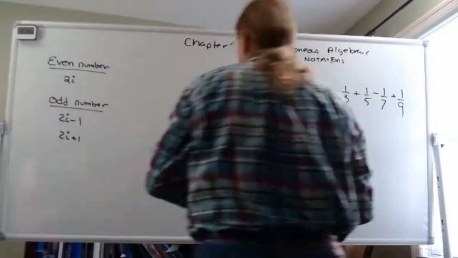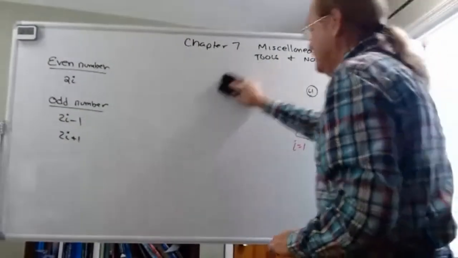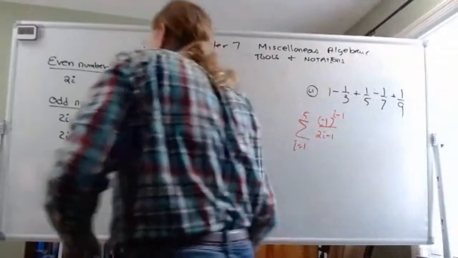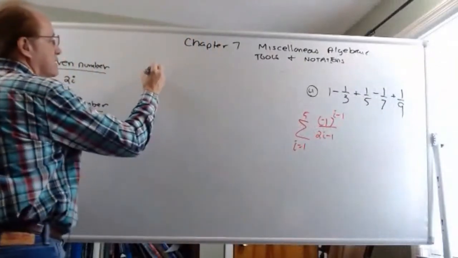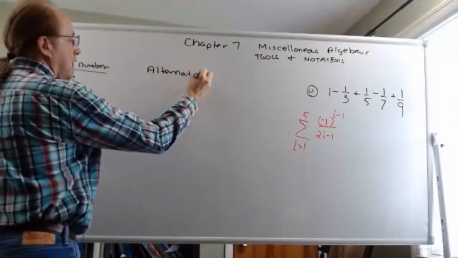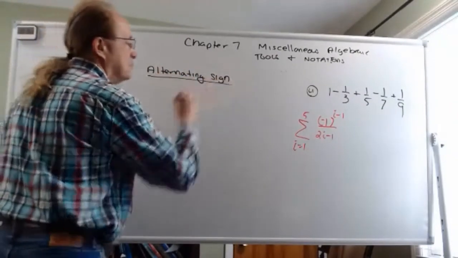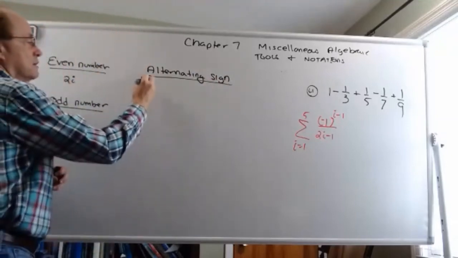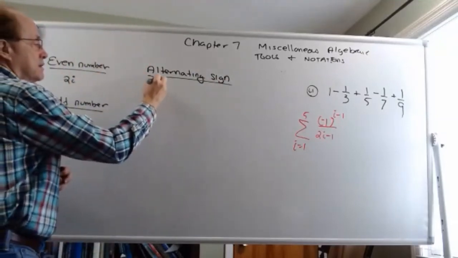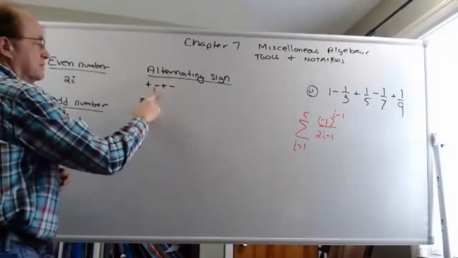And you also then want to represent alternating signs. A simple thing for alternating signs: plus, minus, plus, minus.